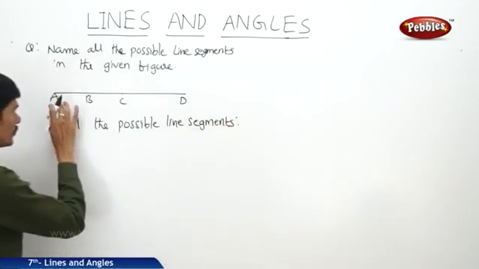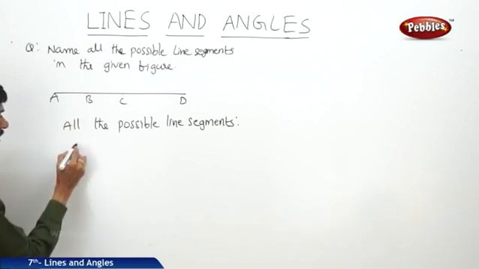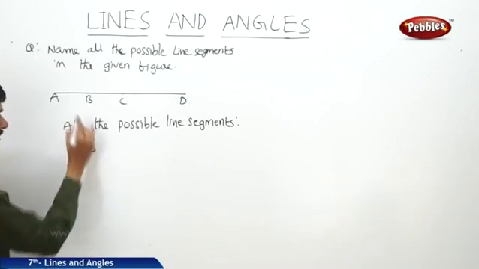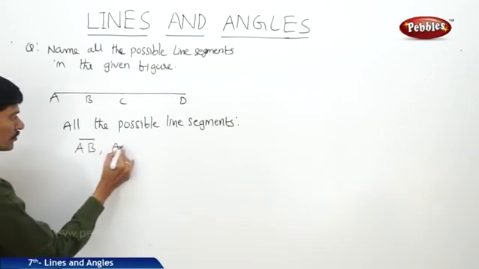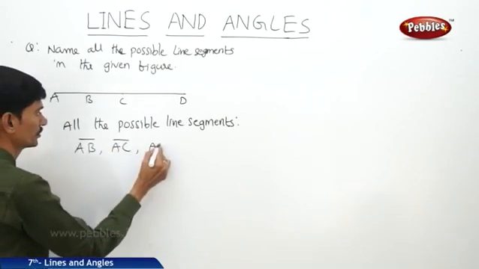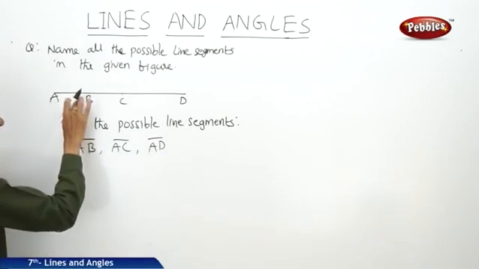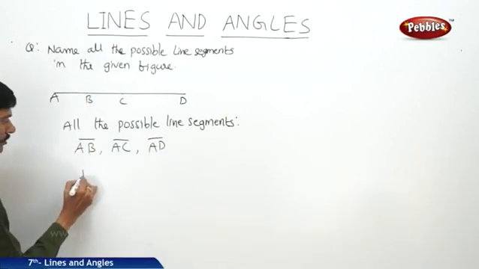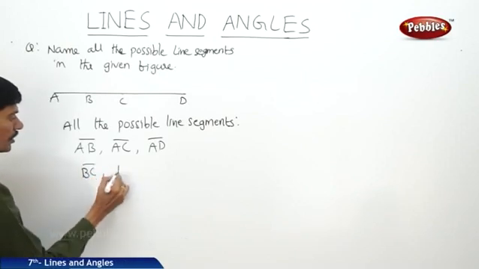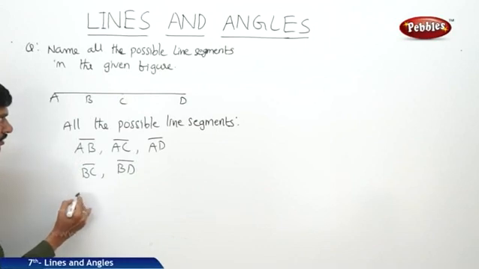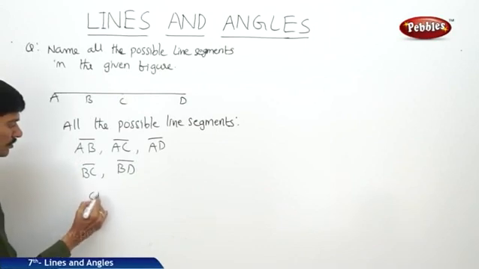Starting with the initial point A, we can take AB, AC and AD line segments. With initial point B we can take BC and BD, and with initial point C we can take CD.